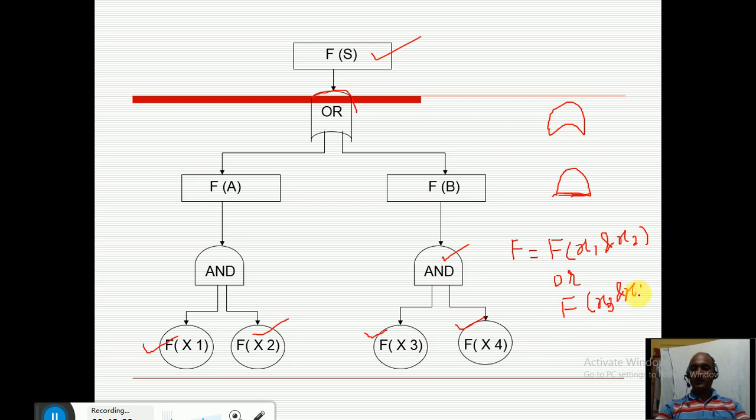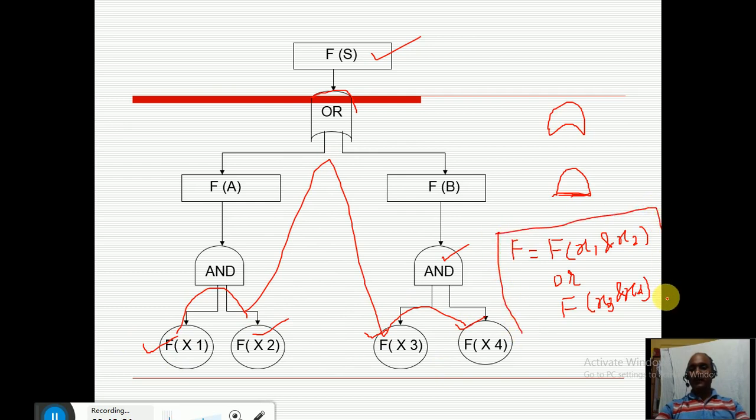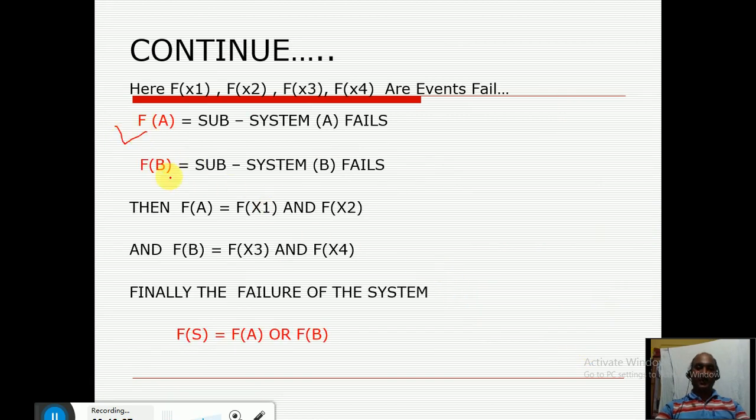So you can see here from this figure we can easily write f1 and f2 or f3 and f4. So this is how we can write the equation for failure. And once you find out the failure, we can find out the reliability. Okay. So therefore, we can see here the same equations are being written over here. Failure of S, FA or FB.